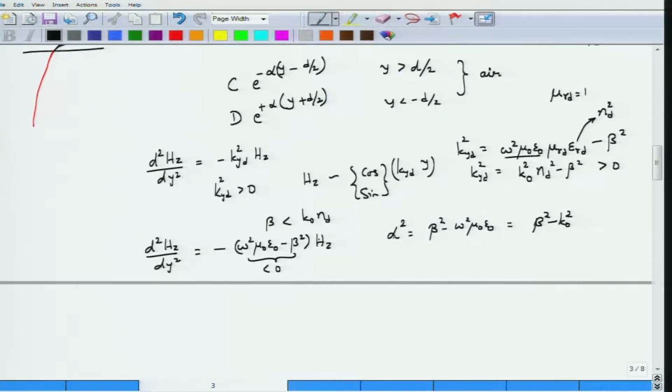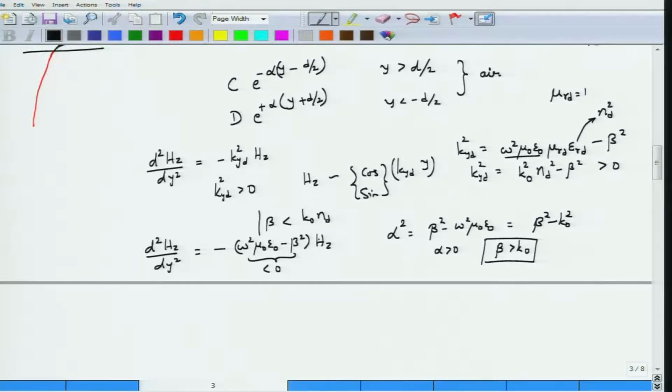If I define it this way, then k0 square minus beta square would actually be minus alpha square, so everything is alright. If I define alpha square as beta square minus k0 square and demand that alpha should be a positive quantity, the way it can happen is when beta is greater than k0.